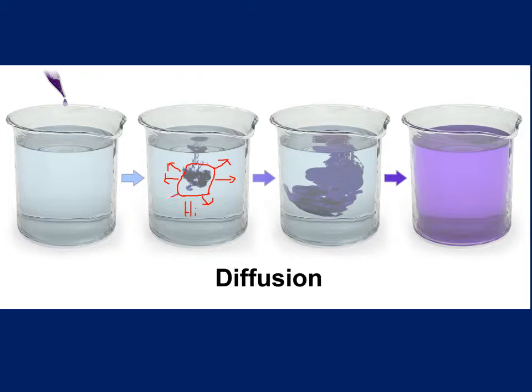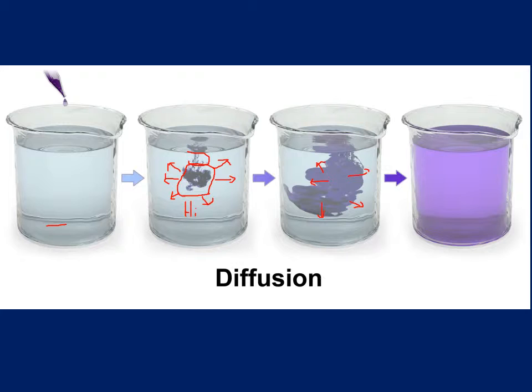So for example, if we squirt a nasty smelling perfume in the center of the room, like in this picture, it's just in the center of the room, and then over time it's going to diffuse out further and further until finally it achieves what we call equilibrium, where the smell particles, or in this case the food coloring particles, are equal all over the entire room or the entire container here.